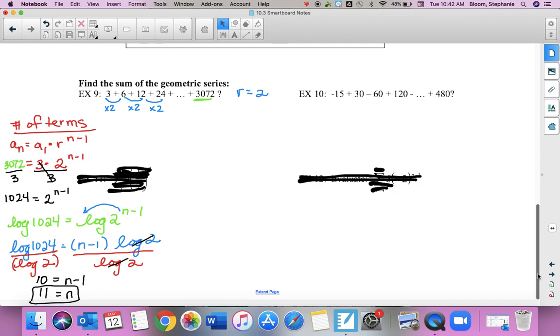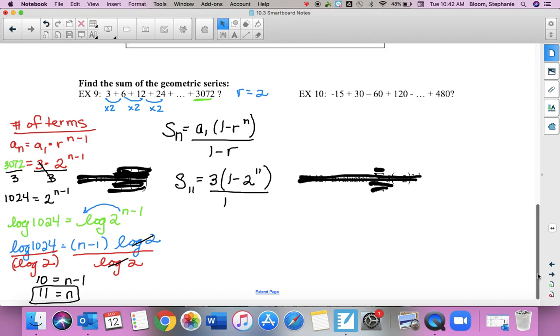11 terms. So now we're going to use our sum formula, which looks like this. And here we go, we're finding the sum of all 11 terms. My first term is 3, my r is 2, there were 11 terms, all over 1 minus 2.